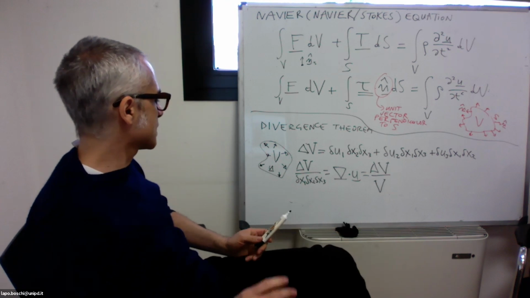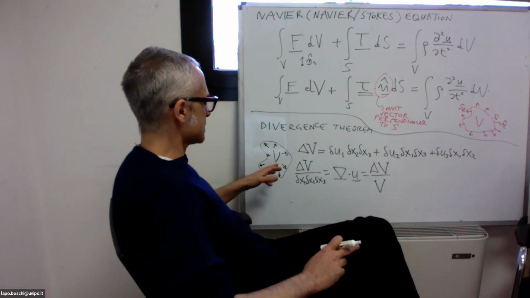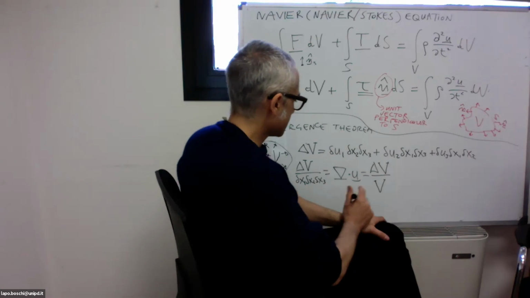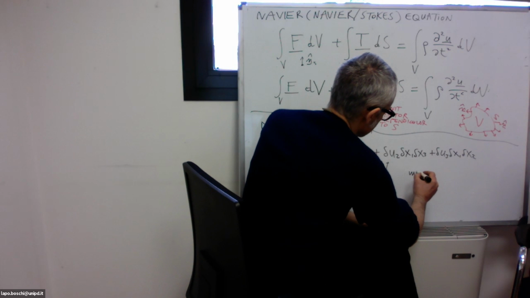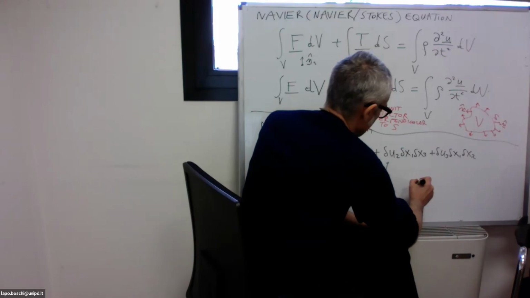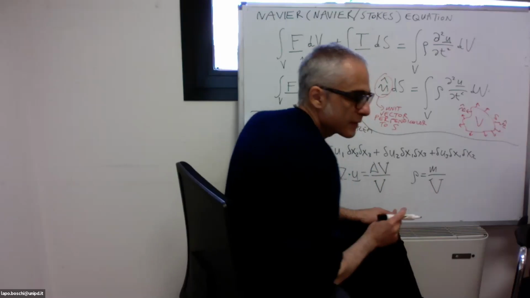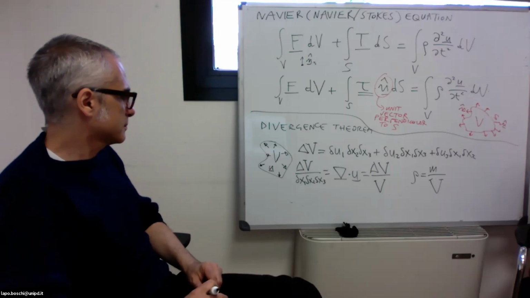Or rather, I should say density. Mass is conserved, but that density will change if we have an expansion. So density, I call it rho, is mass over volume.